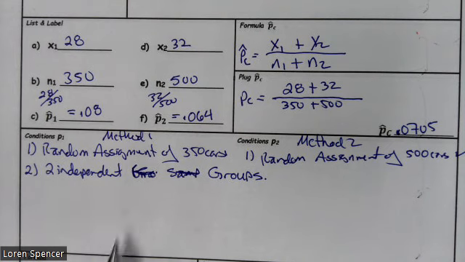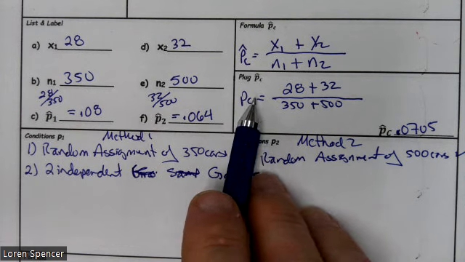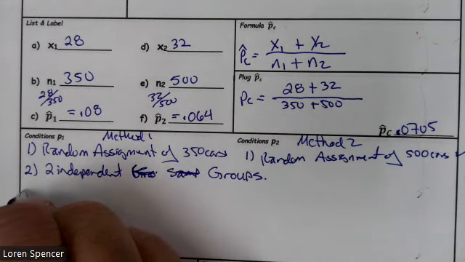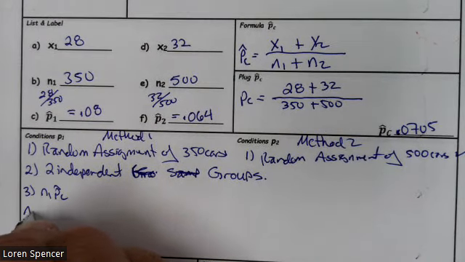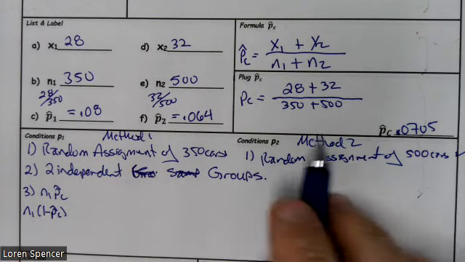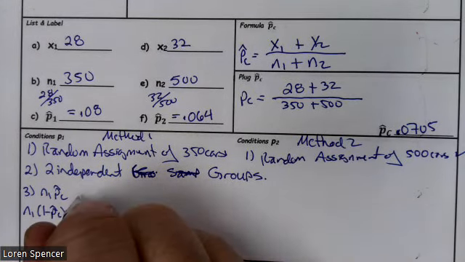The next thing is we need to worry about the NP and NQ, but instead of it being what it was, we have to use P hat C now. So this is going to be N1 times P hat C and N1 times 1 minus P hat C. P hat C is 0.0705.